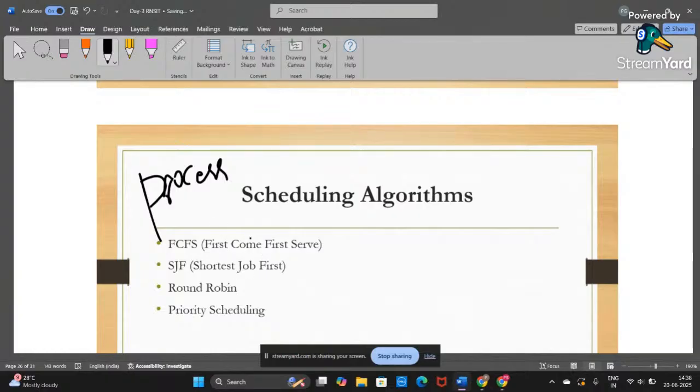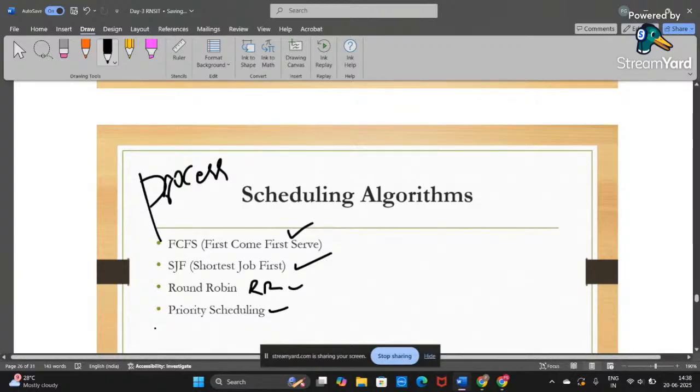First come, first serve, FCFS. SJF means shortest job first. Round robin, RR. Priority scheduling.